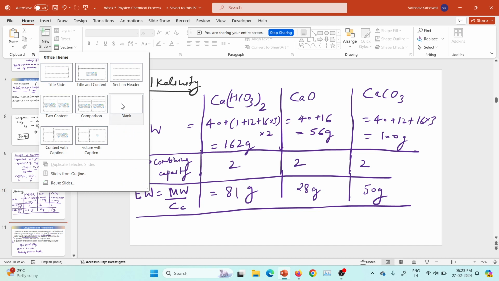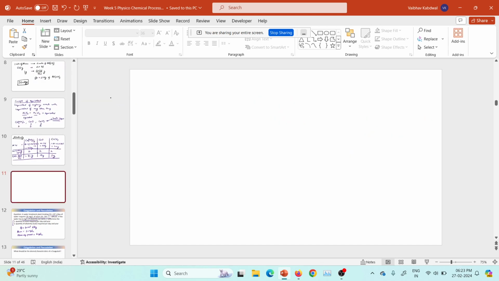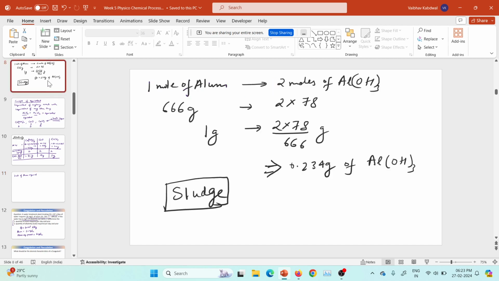Let's write like this. 1 mole of alum requires, I think, 3 moles.